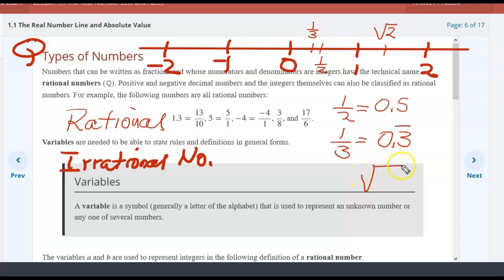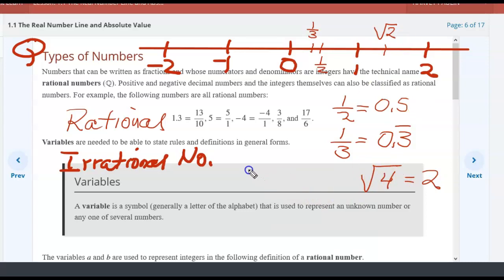Well, if we have the radical form of 4, which is the square root of 4, this simplifies to 2, which we see here is a natural number, a whole number, an integer. So even though it has that radical sign, it becomes one of these others. So this would not be irrational, even though it had the radical sign.